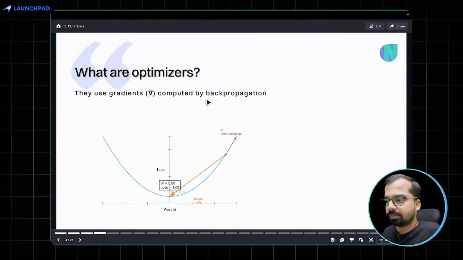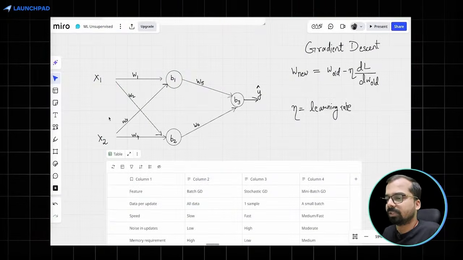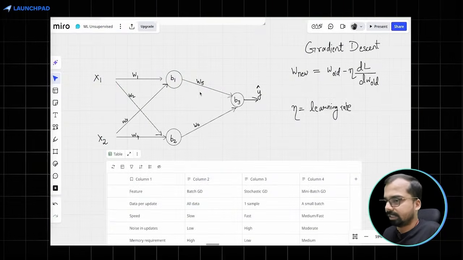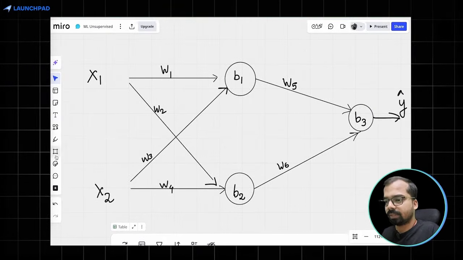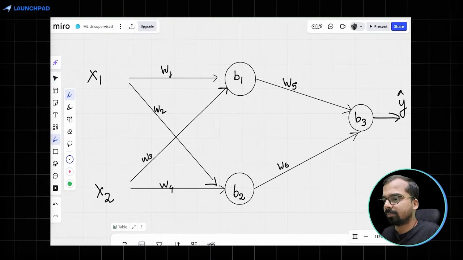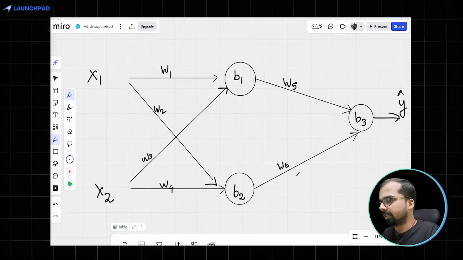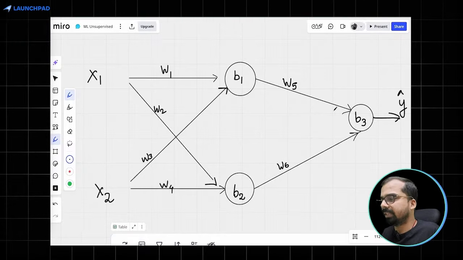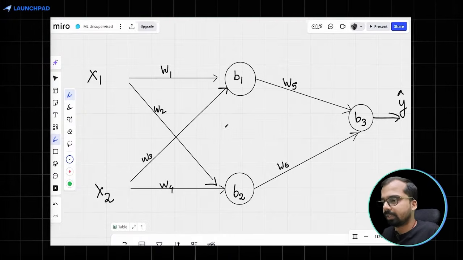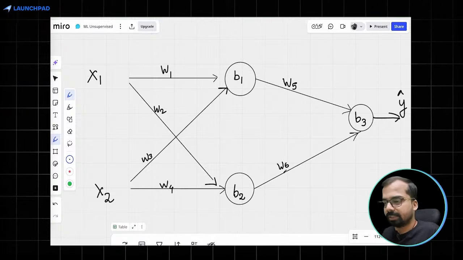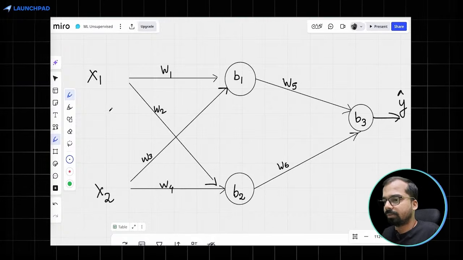If you remember this example of a deep neural network, I have W1, W2 till W6 and B1, B2 and B3. These are the parameters of our neural network, and we want to adjust them.